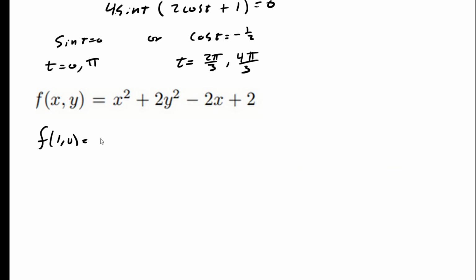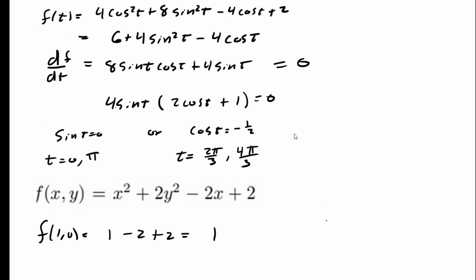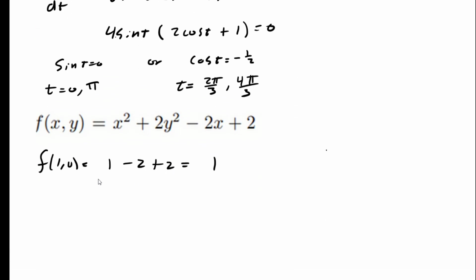What is this? This is 1 minus 2 plus 2, which is 1. Now I need to figure out what is f of t equals 0. That's the same as f of 4 cosine 0, 4 sine 0, right?